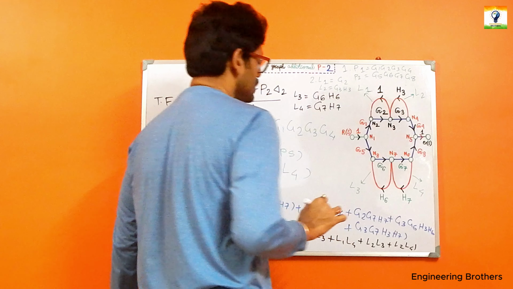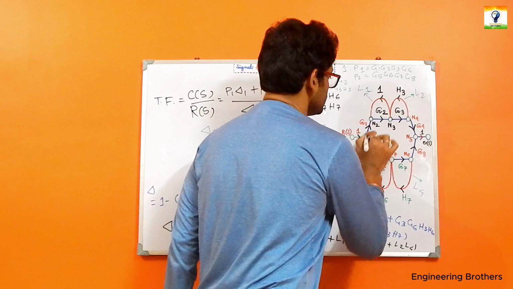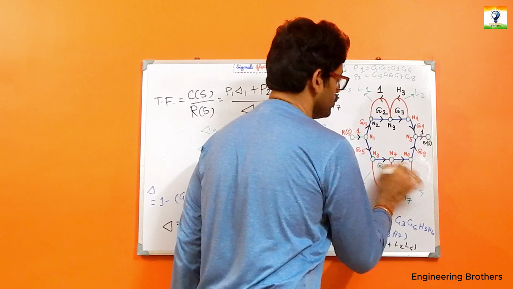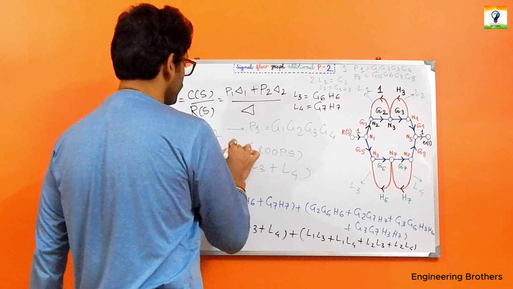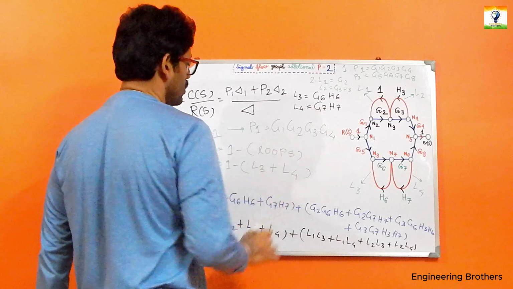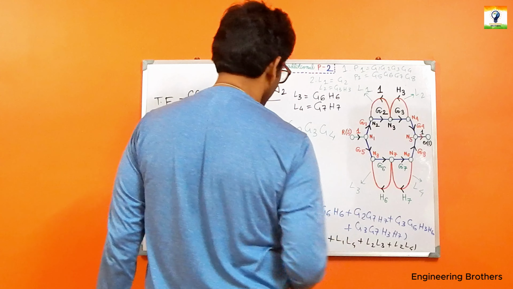But you can see that these two other loops are not touching our forward path, and the expression for delta 1 will be 1 minus those non-touching loops, which I have already written as L3 and L4.